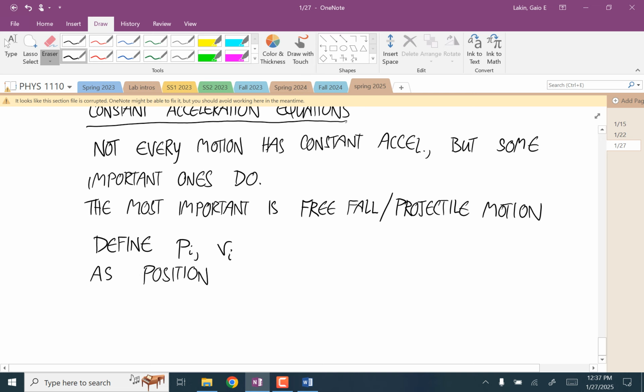And so you can think of that as time equals 0 is when you click the stopwatch on. You start the timer running.